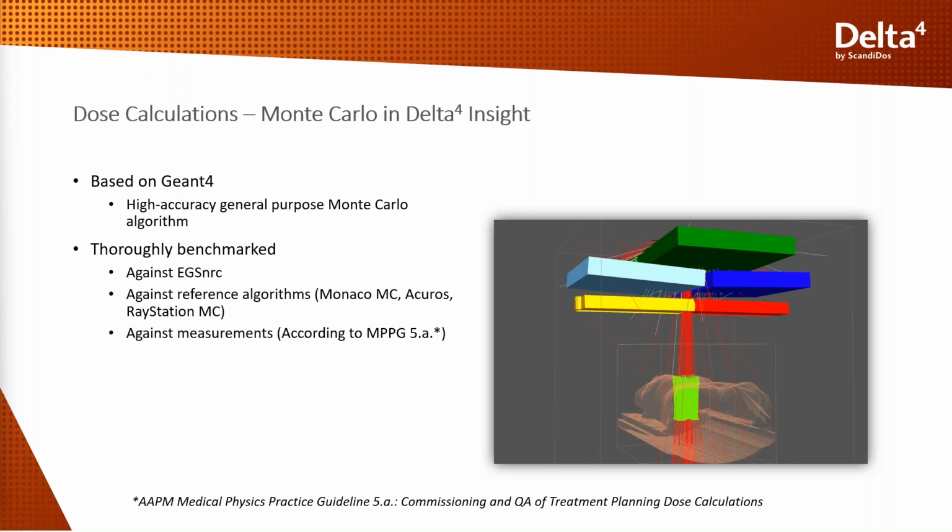This algorithm is benchmarked against another general purpose Monte Carlo called EGS, also against the reference algorithms in the treatment planning systems which have Monte Carlo or similar algorithms. And of course also against measurements.